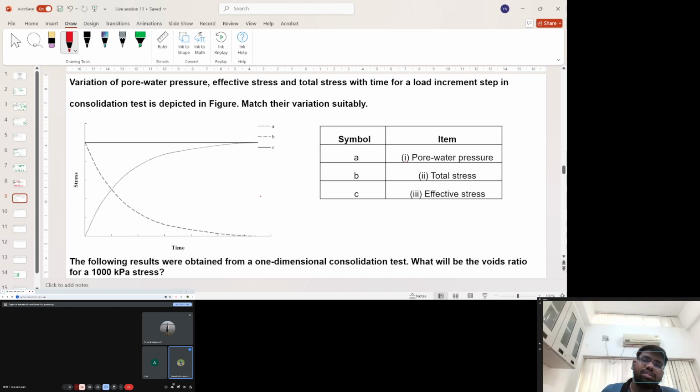So we have to identify which curve corresponds to which property. Any idea?